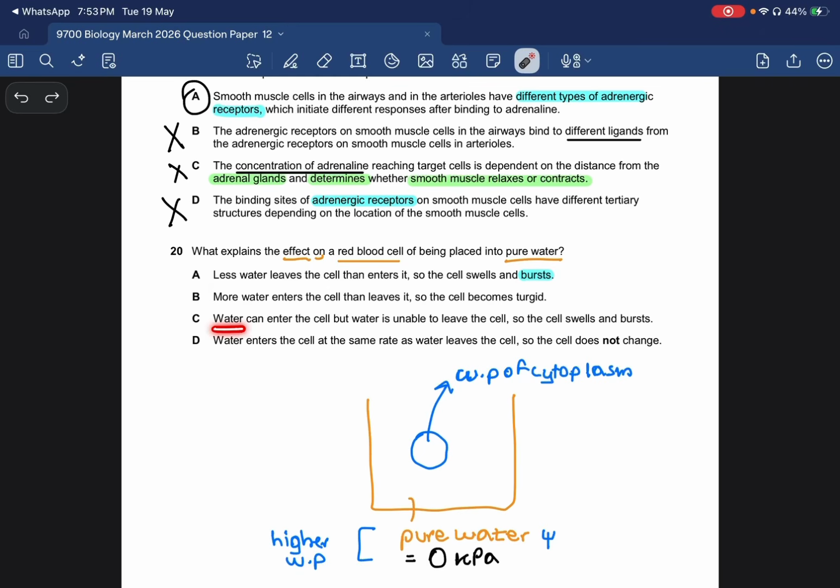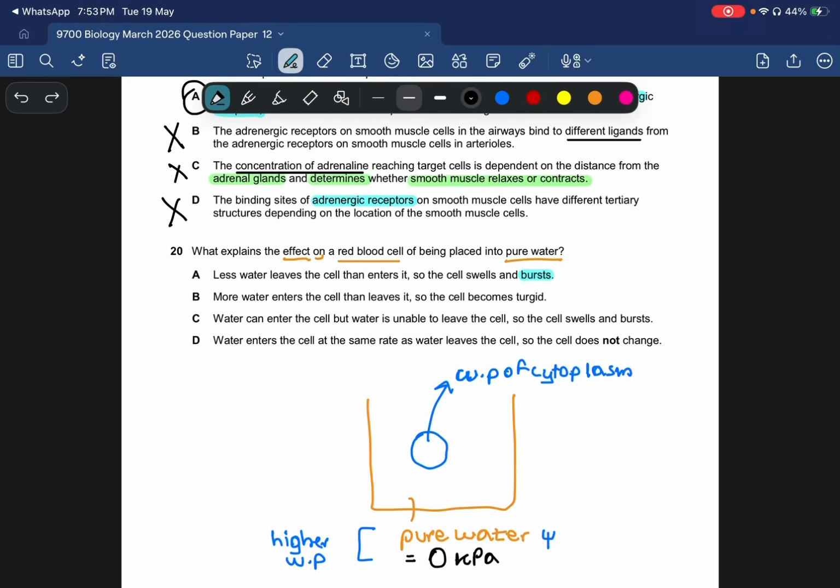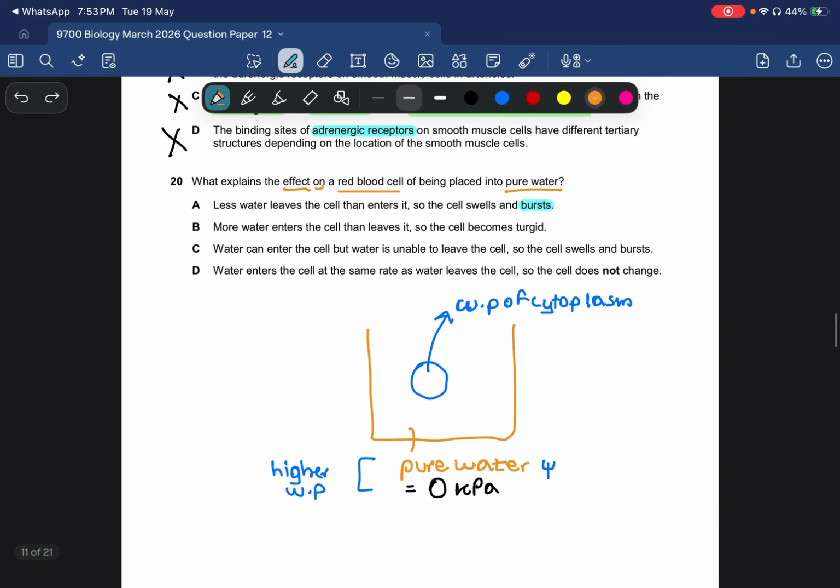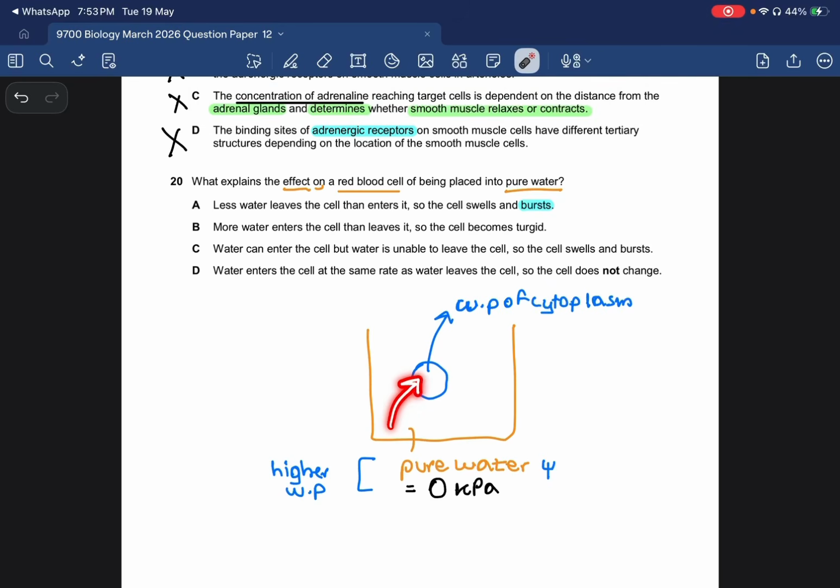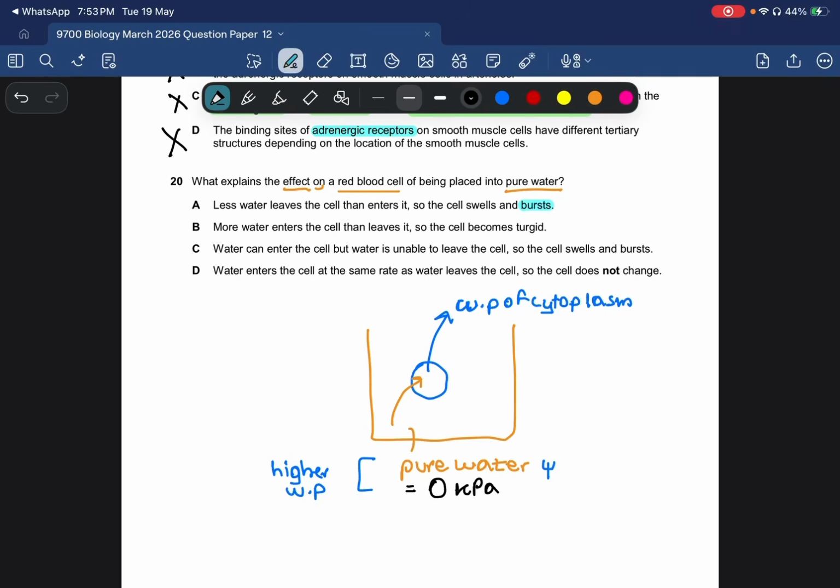C: Water can enter the cell, but water is unable to leave the cell. No, no, no. Now, this is important. When I say osmosis is from outside the cell to inside the cell, it does not mean that this water movement is only one way. What's actually happening in real life?